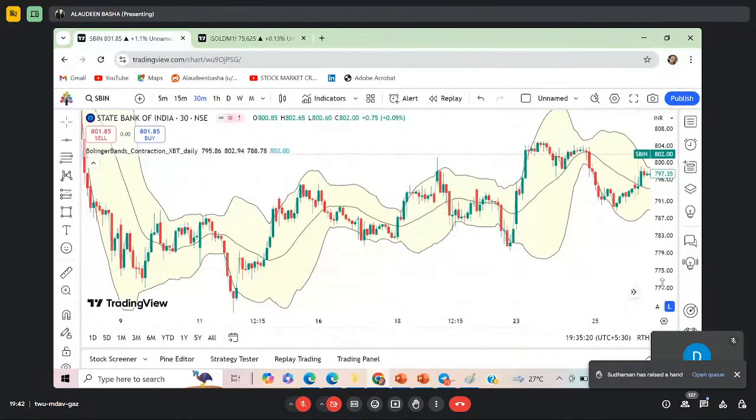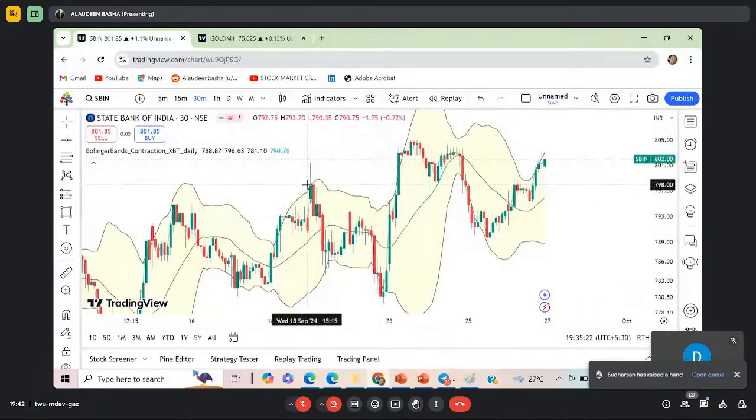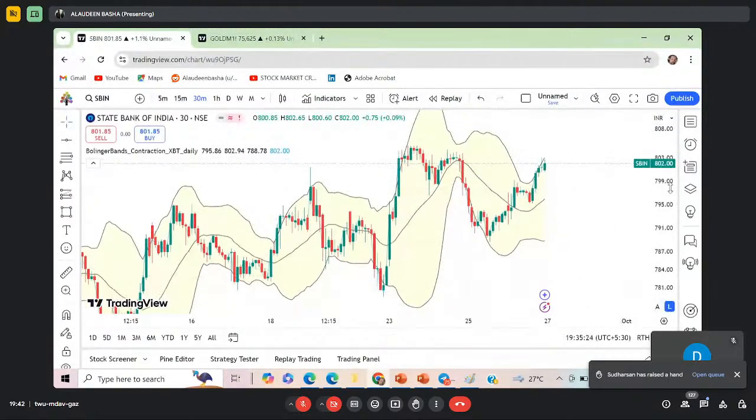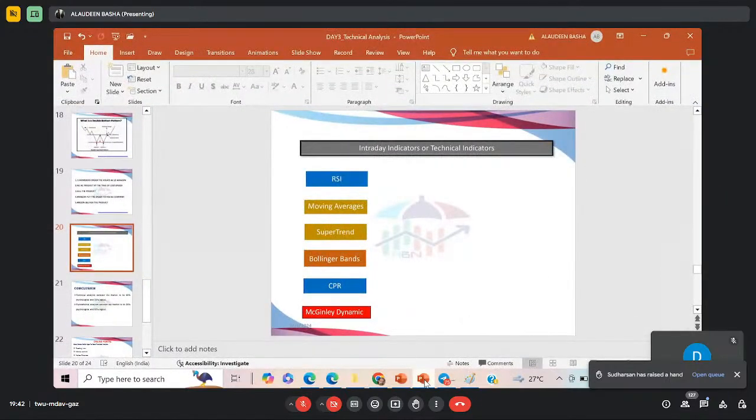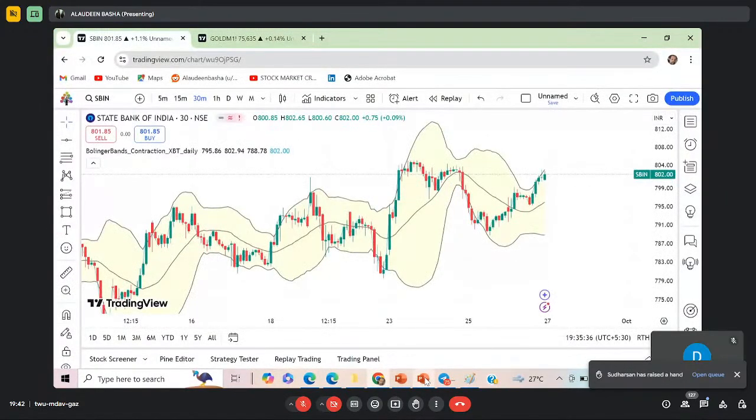So simply you can buy and sell within this scenario. It's the simplest way for freshers. That's why I'm recommending these kinds of indicators. Maybe you can refer to them in your trade. Again, I'm saying just refer to them in your trade, not for confirmation. Okay.